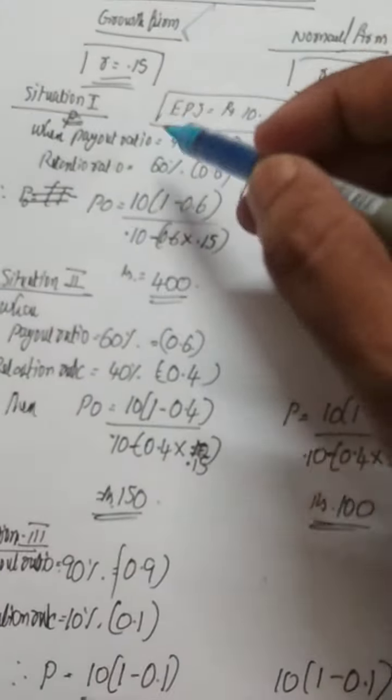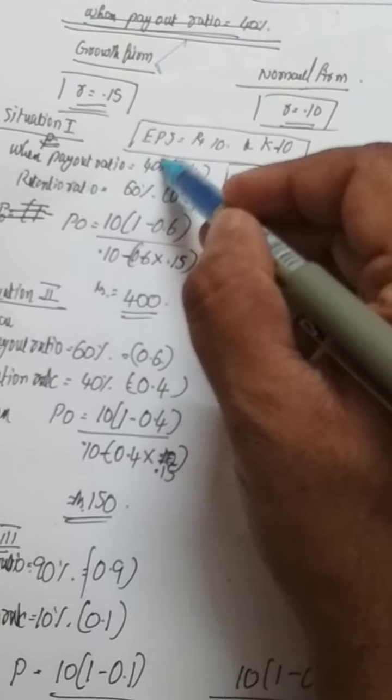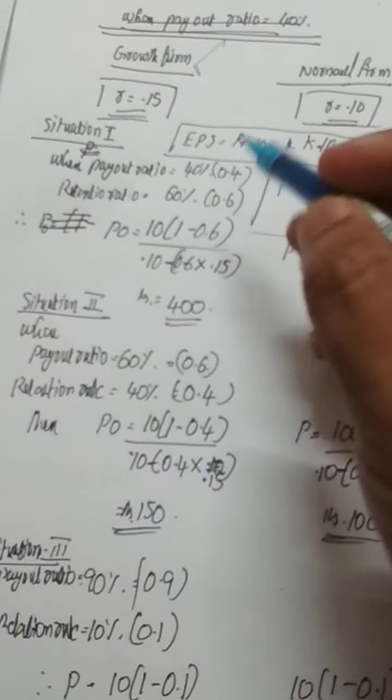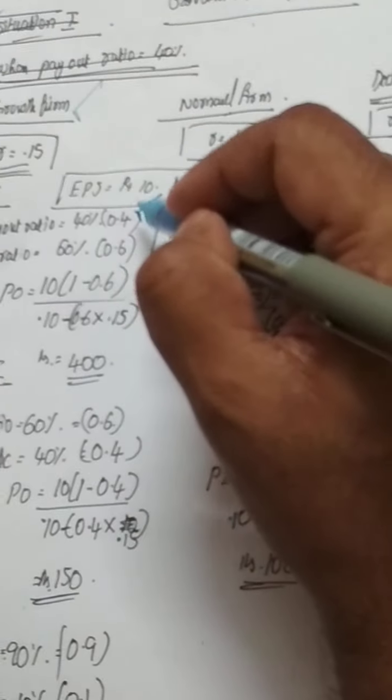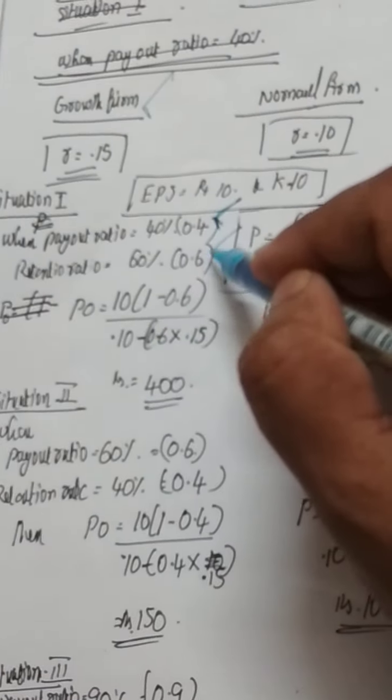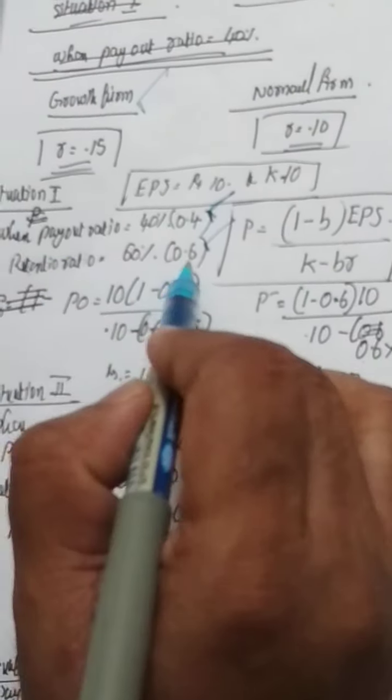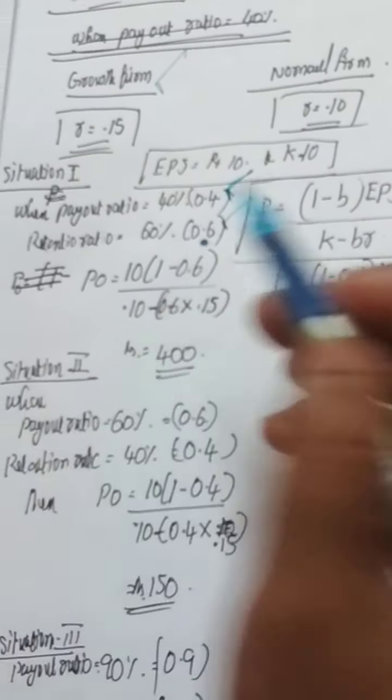For example, it is mentioned in the question payout ratio 40%. That is 0.4 in decimal, and the retention ratio is 0.6. This 0.6 is known as B.